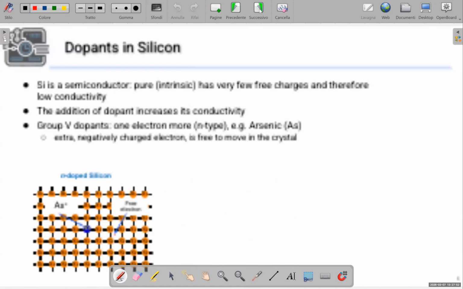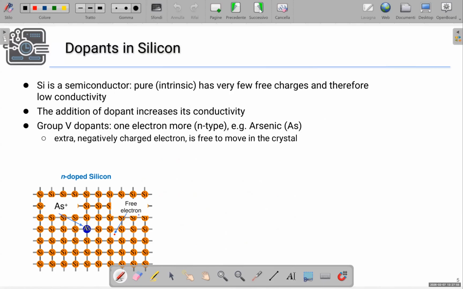And what's particularly relevant for electronic applications is that by replacing in the crystal structure of silicon one atom of silicon with another atom of a different element, which belongs either to the 5th or to the 3rd group, meaning with 5 external electrons or 3 external electrons, it's possible to vary the conductivity and the electrical characteristics of the material.